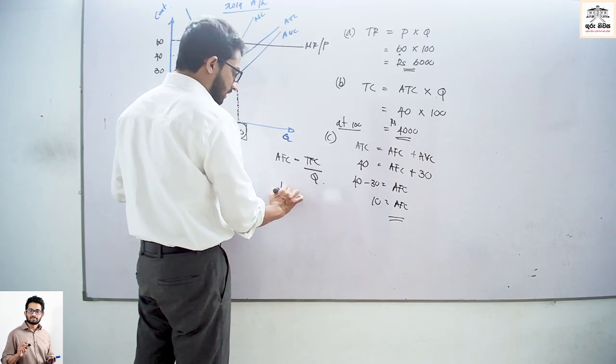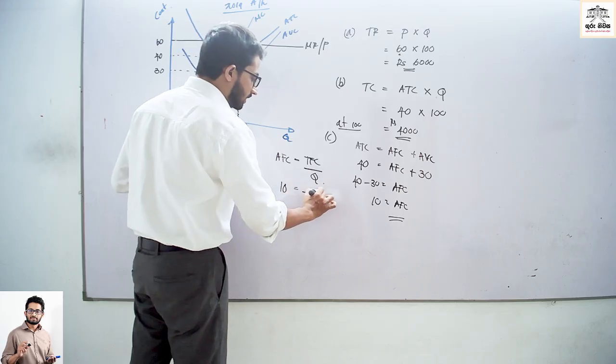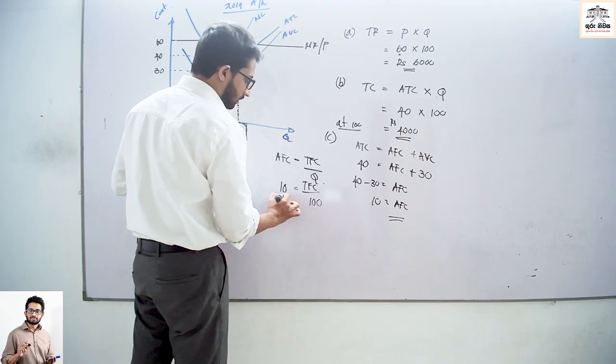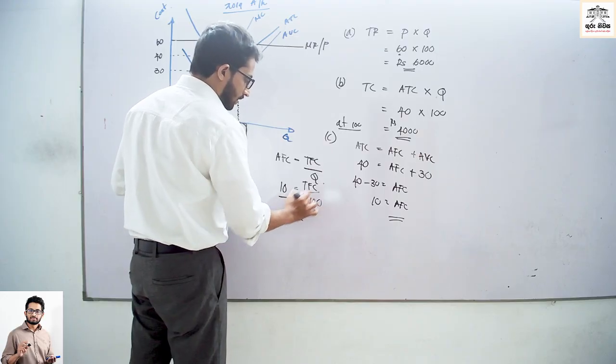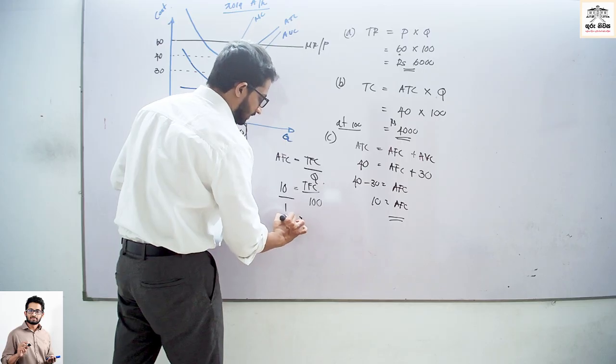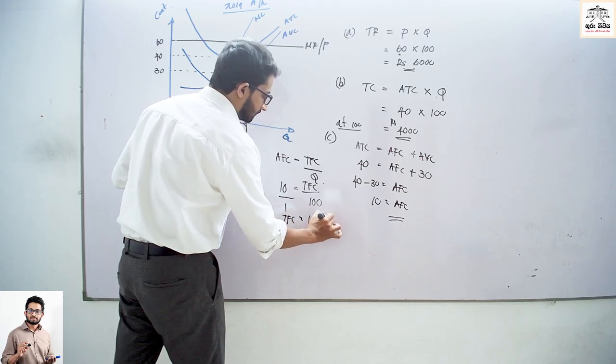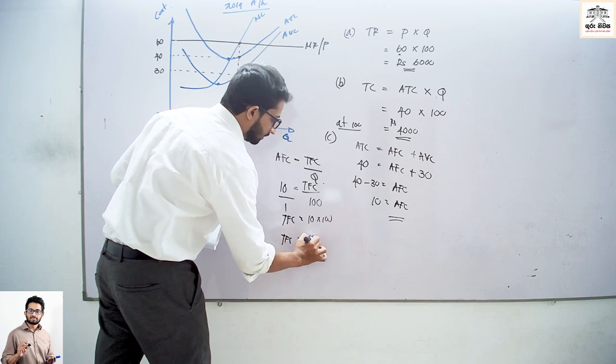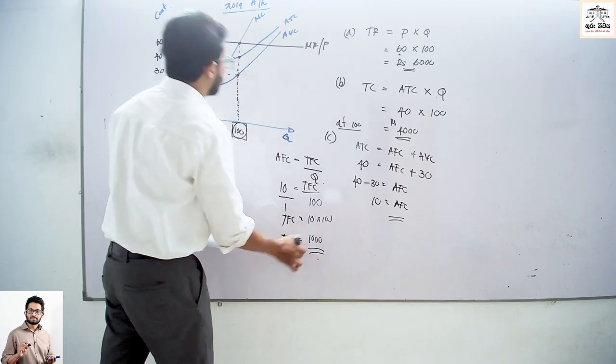Average fixed cost is 10 rupees, quantity is 100 units, then we can calculate total fixed cost: TFC equals 10 into 100. Then total fixed cost is how much, Lamai? 1000 rupees.